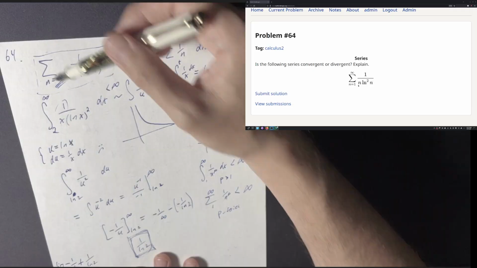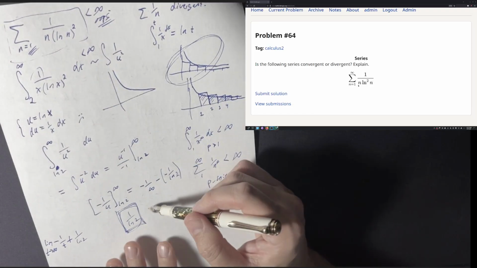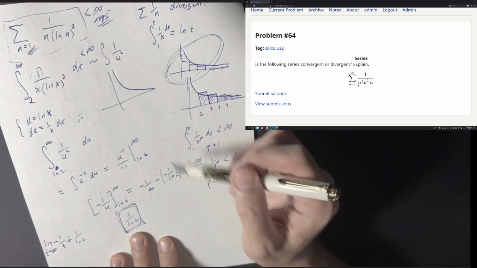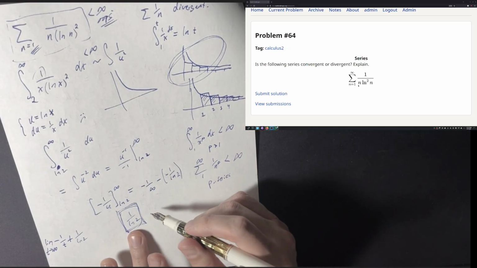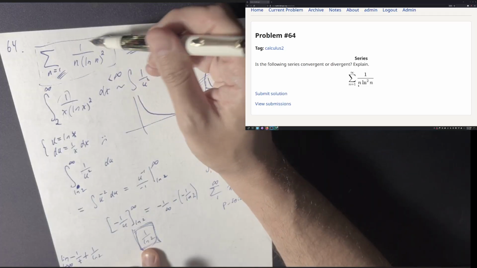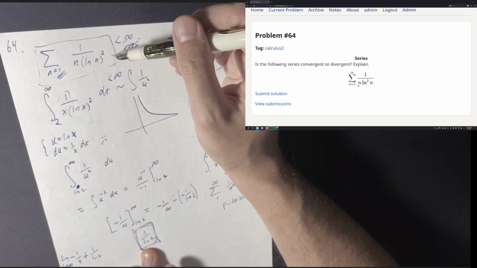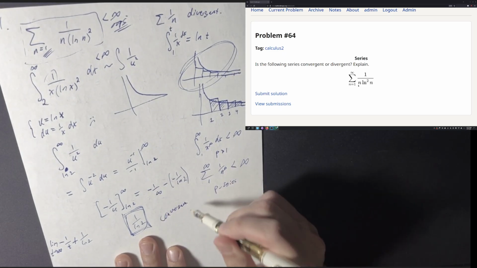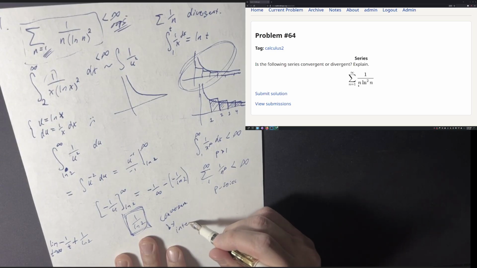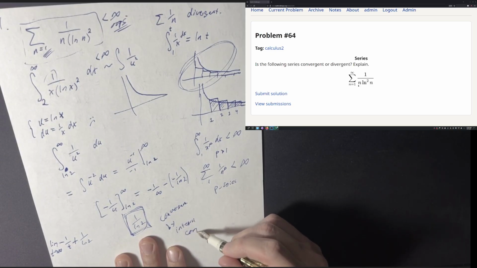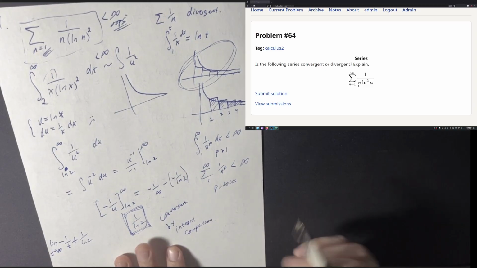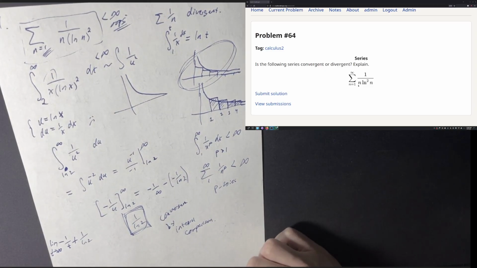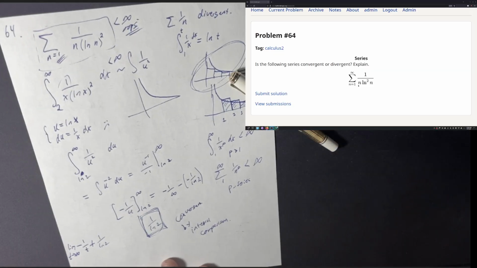And you could say, all right, my series is less than the area under this curve, and so this is a maximum for what this sums up to. But in any case, it is convergent by integral comparison. That's what I would say if I had to say it in one sentence.